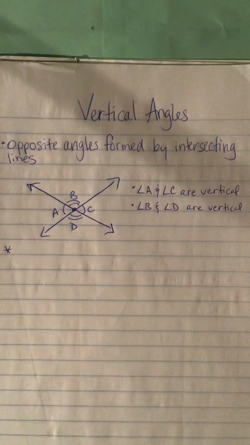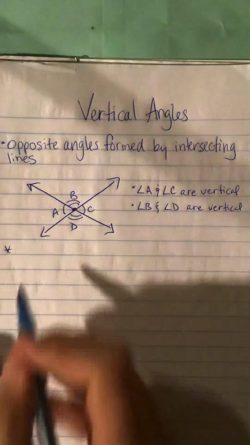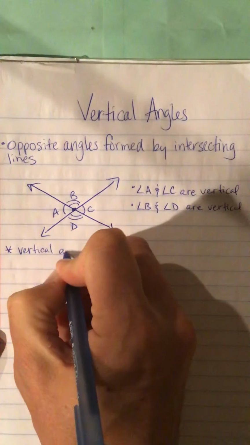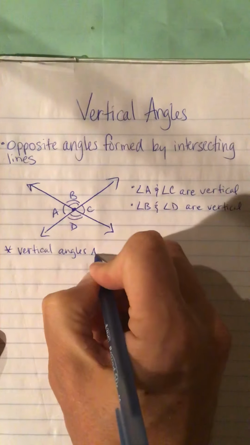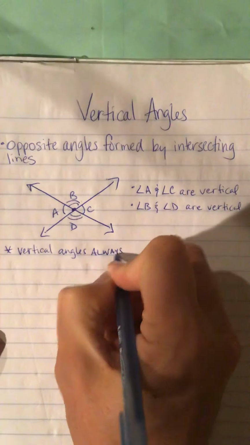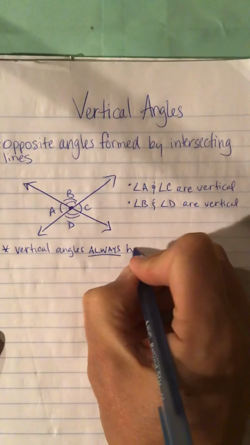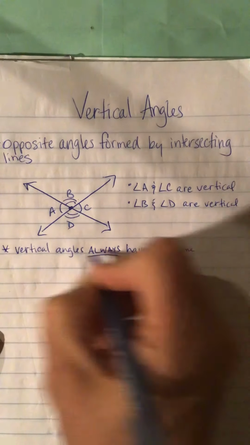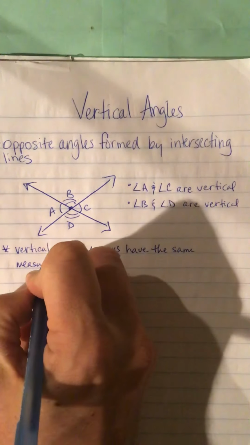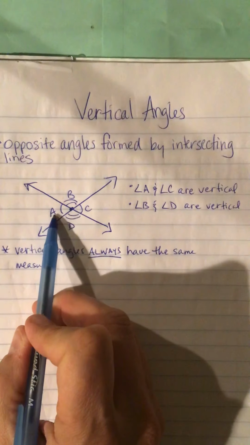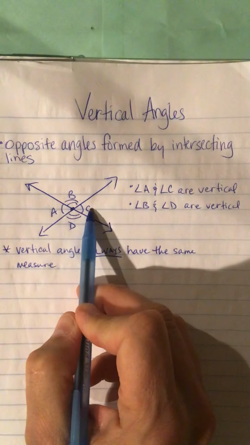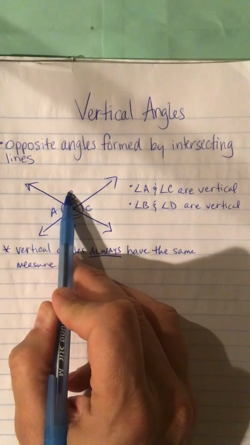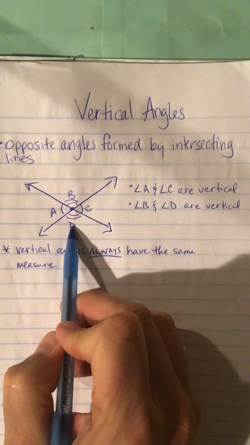One thing to know, when you have two vertical angles, vertical angles always, no exception, always have the same measure. So if angle A was 40 degrees, angle C would be 40 degrees. If angle B was 140 degrees, then angle D would be 140 degrees.